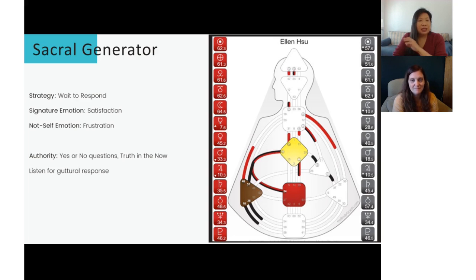And the waiting to respond aspect, if you look at my life, I've been working completely against that. Many times in my life I've made things happen out of sheer will, and it's exhausting. It's not energizing, it's not enlivening.